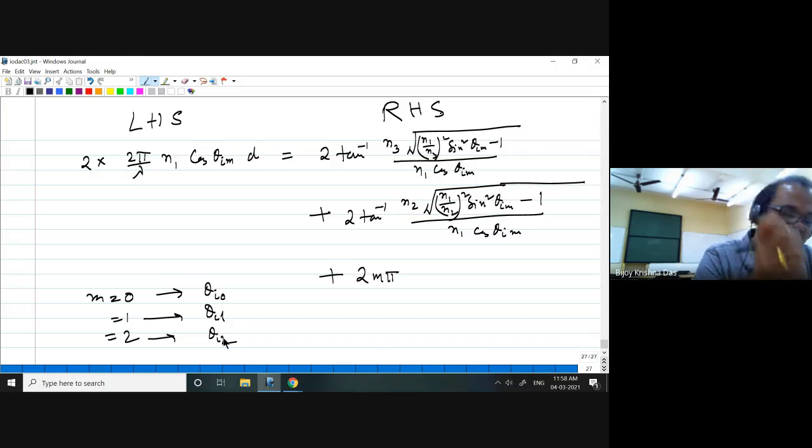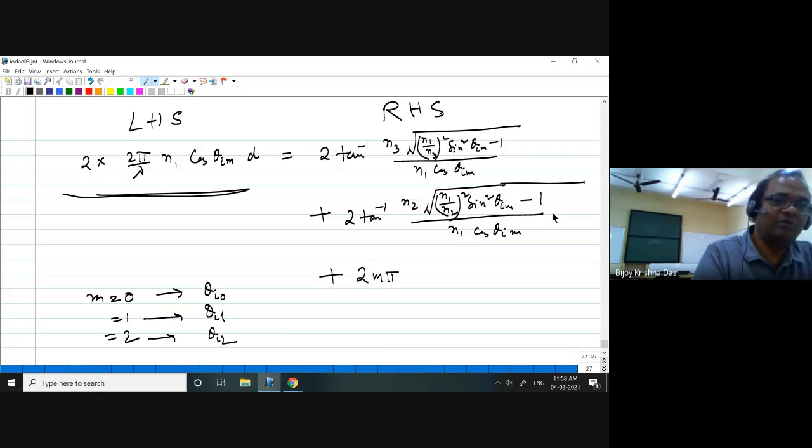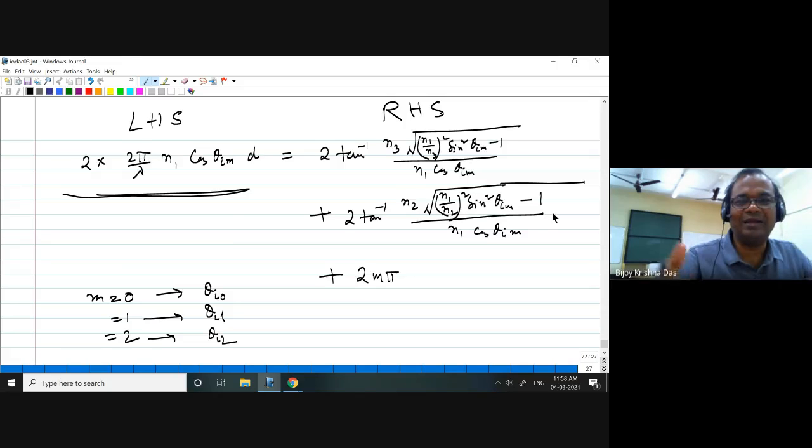So what you have to do, you just plot this expression. This left hand side is a function of theta I, and the right hand side is also a function of theta I. Earlier days we used to do it like this with 2 equations. If you cannot get analytical solutions, you can plot a graph of the left hand side and a graph of the right hand side with the same variable on the x-axis.